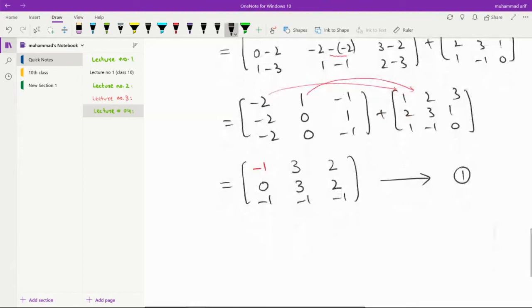Similarly, solve as above. Subtract these two matrices. 1, minus 1, 2, minus into minus 1, 3, minus 1. 2 minus 2, 3 minus into minus 2, 1 minus 2, 1 minus 3, negative 1 minus 3, at last 0 minus 3.